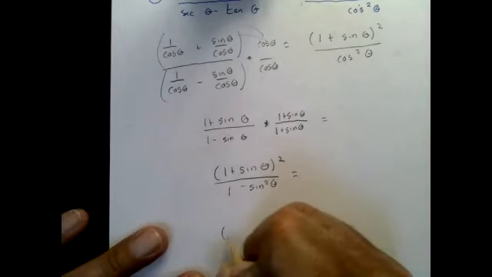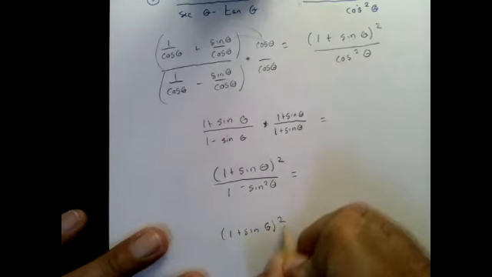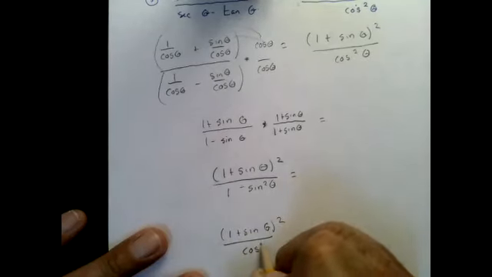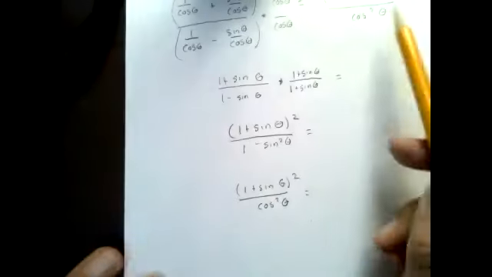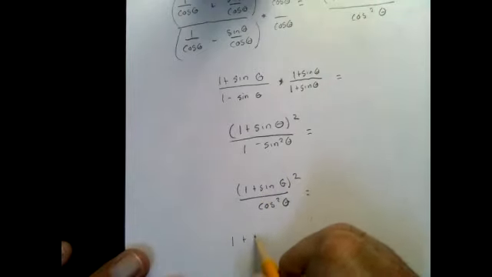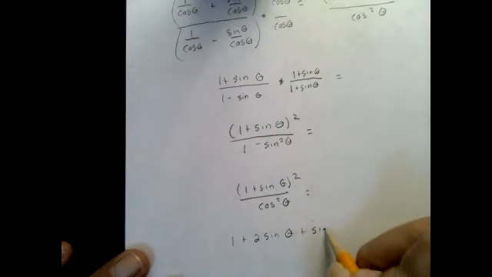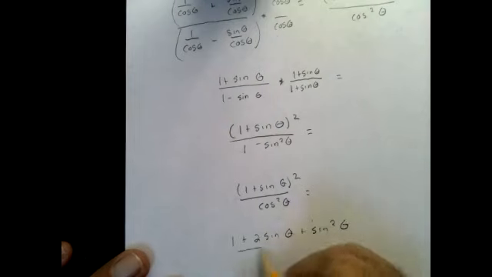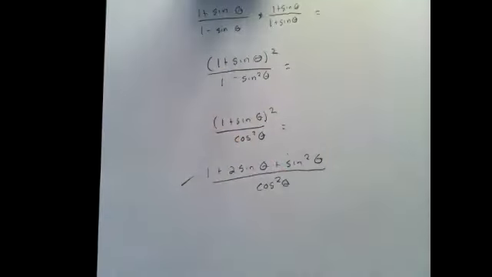So now I have the quantity 1 plus sine theta squared over the cosine squared of theta. And I'm going, oh yeah, if I just multiply this by itself, I get 1 plus 2 sine theta plus sine squared of theta over the cosine squared of theta. And you can't see it so well, but I'm going, yes, that's what I wanted.